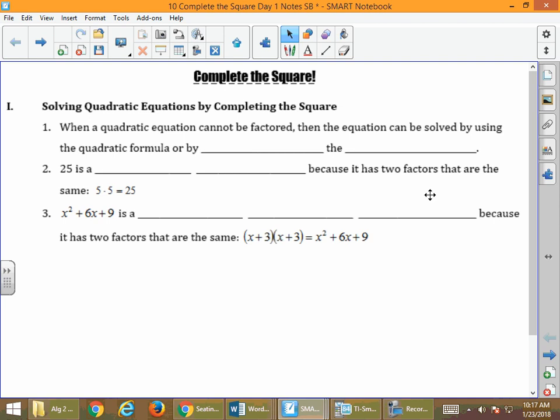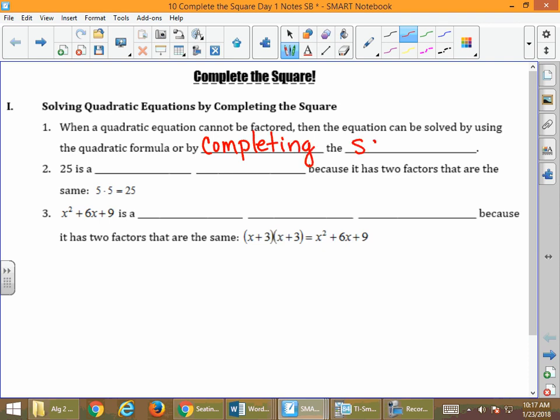When the quadratic equation cannot be factored, then the equation can be solved with the quadratic formula, or something, as I just said, called completing the square.